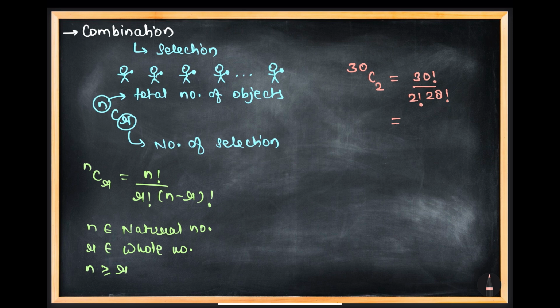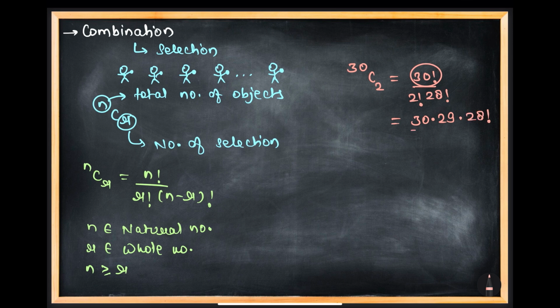Now you should look, you know that this 30 factorial is the biggest one, so you have to open this thing till you get the bigger number among these two. Like look at this, you know that it is 30, so you will go with 29 and then you will be having 28 factorial.